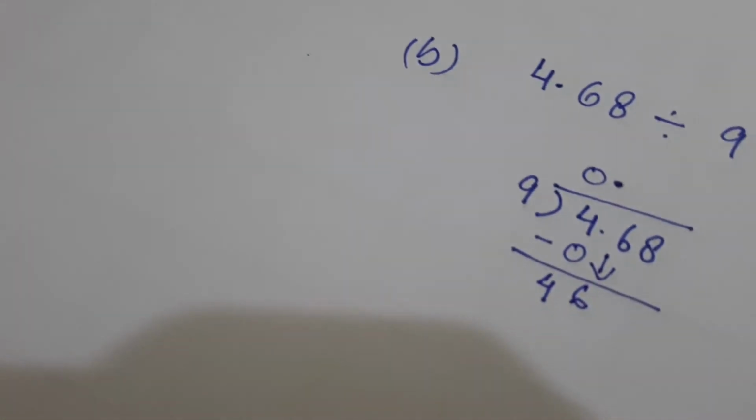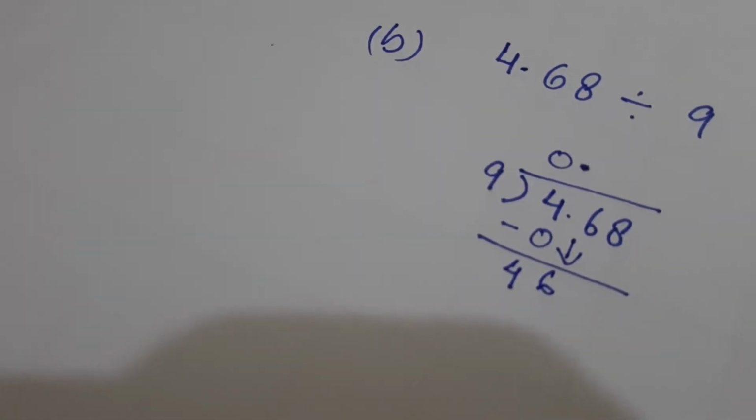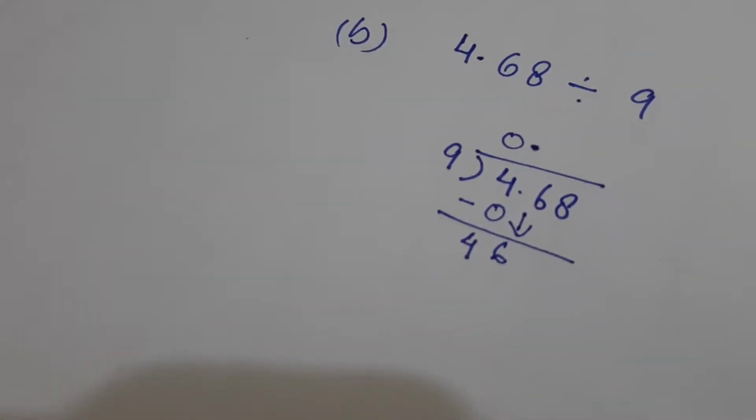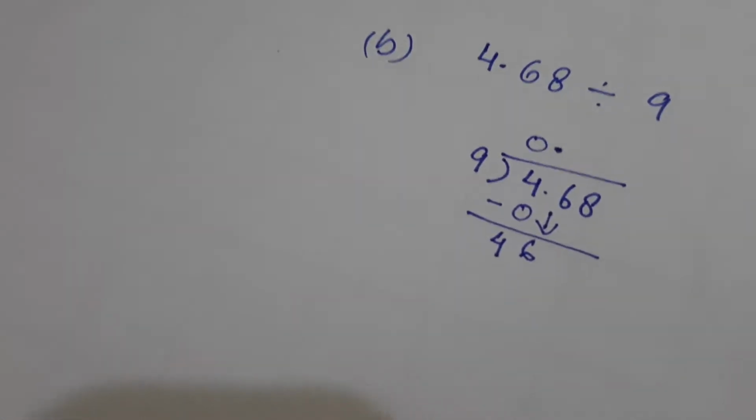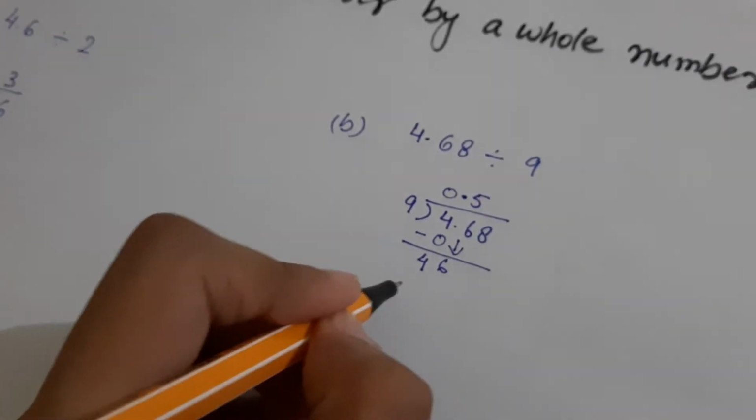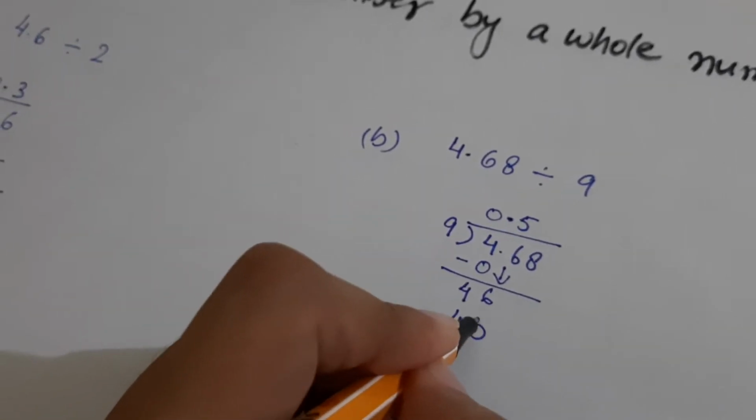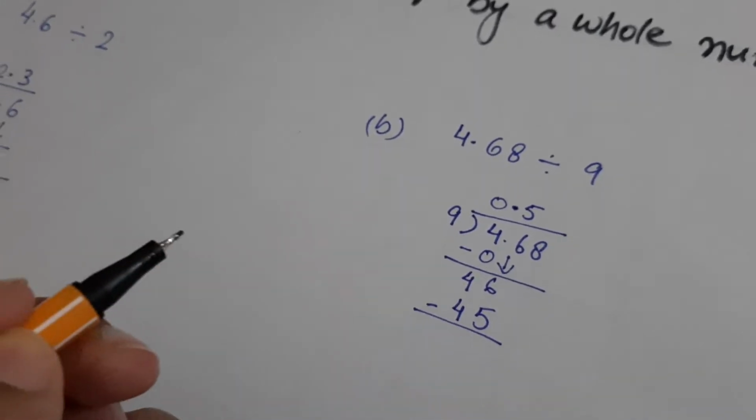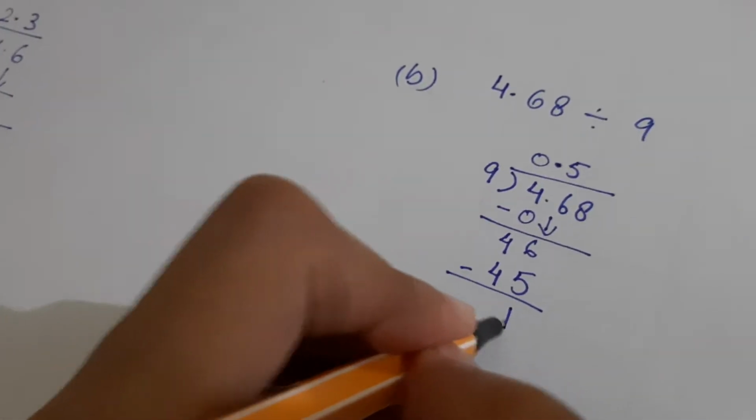Now let us bring the next digit down. That makes it 46. Now what is the number that is smaller than 46 in the table of 9? Well, that's 9 times 5, 45. So it definitely makes 1.